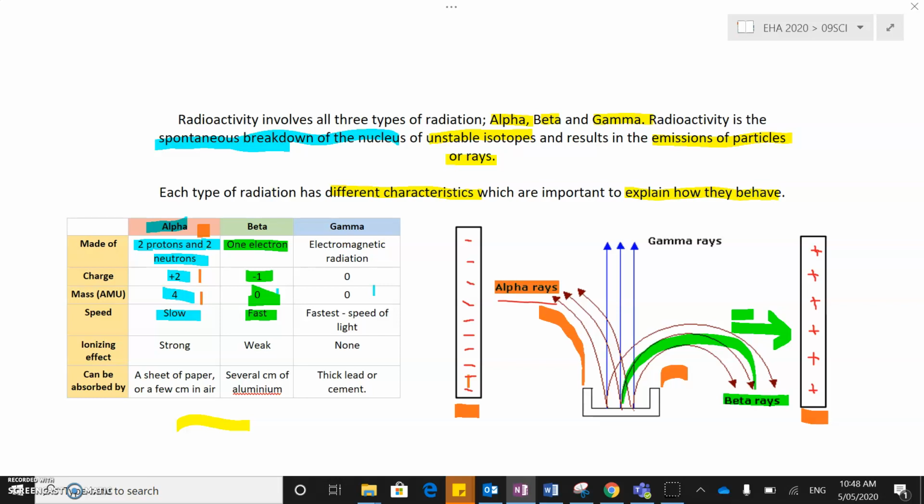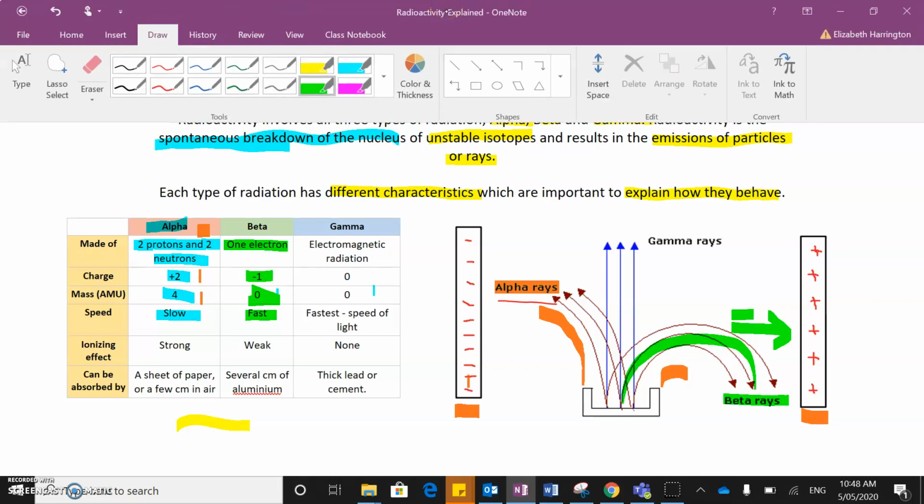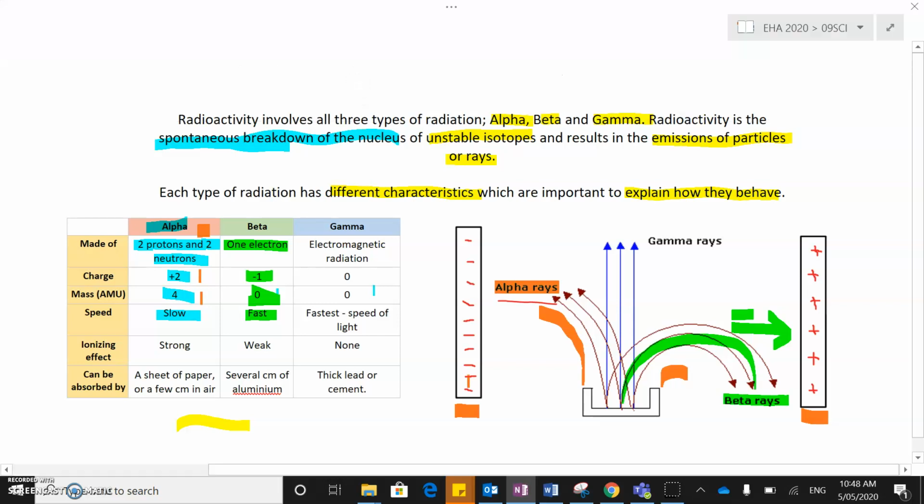The last little one that we'll cover is our gamma radiation. So our gamma rays. So you can see the ones that are heading straight up there from that radiation source. They're made up of electromagnetic radiation. So they're actually part of our electromagnetic spectrum. They're not made of anything in particular. They're not made of electrons.